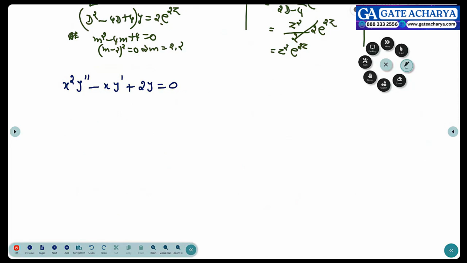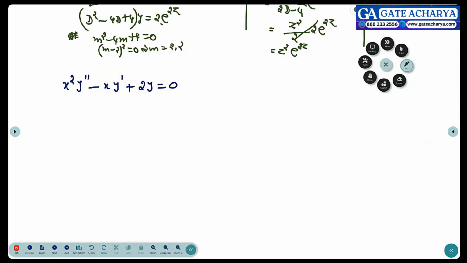Actually, x square y double dash means y double dash second derivative, x square is variable, and minus x is also variable, 2y constant. So the coefficients of the derivatives are all variable. Therefore, it is a second order variable coefficients equation. So it is the Euler-Cauchy equation.